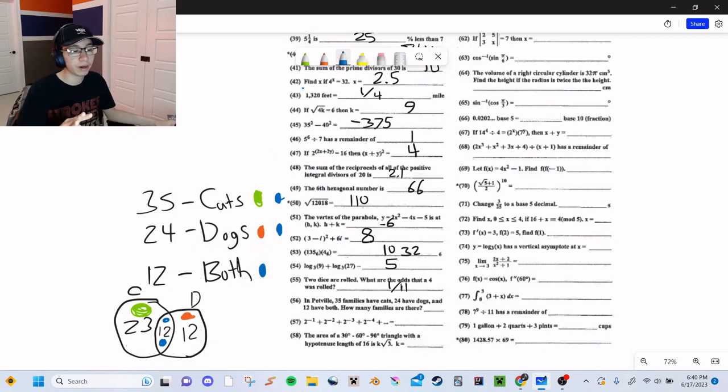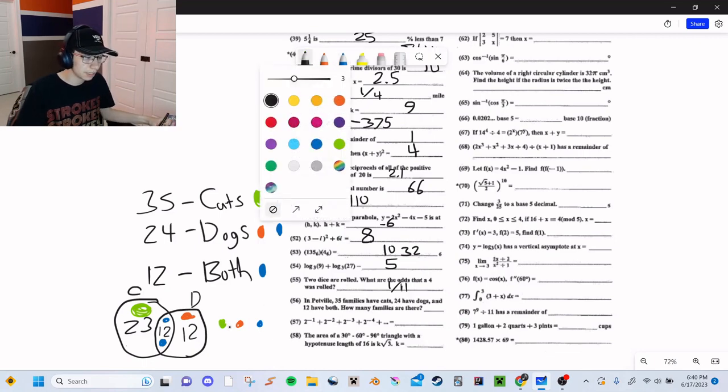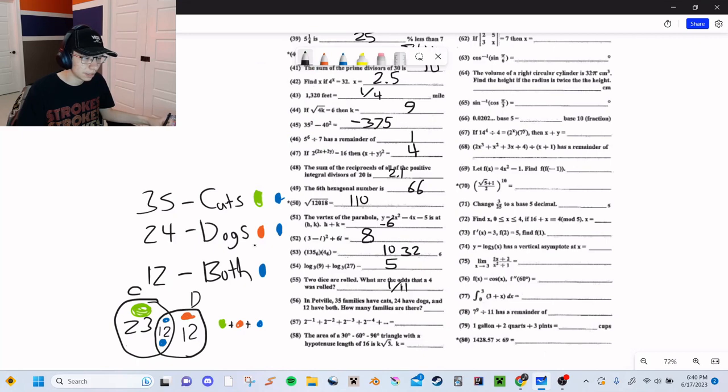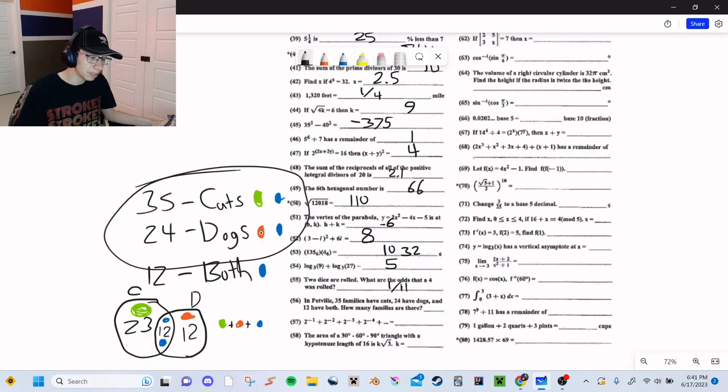And remember, what we want, the total number of families, is equal to the green plus the orange plus the blue: the amount that has only cats, the amount that has only dogs, and the amount that has both. We want the sum of these. And if I take these sections and add them together, I get 1 green, 1 orange, and 2 blue.